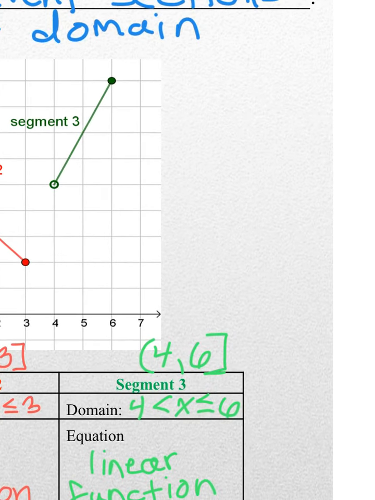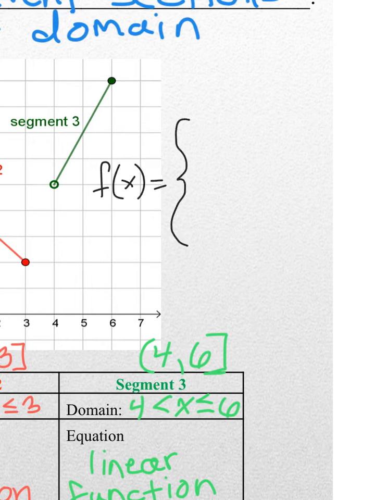So we are going to describe this function all together as f of x equals the set of, and I'm going to make big braces here, and I'm going to describe each of the three pieces along with the domain that describes it. So I've got f of x equals 7, and that is true for the values of x that are greater than or equal to negative 5 and less than or equal to negative 2.